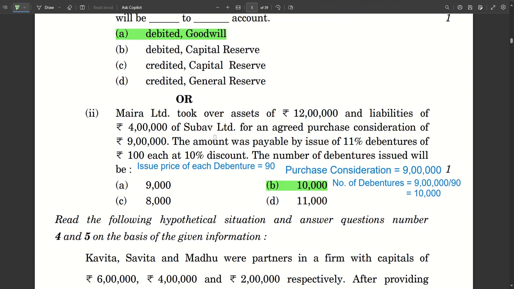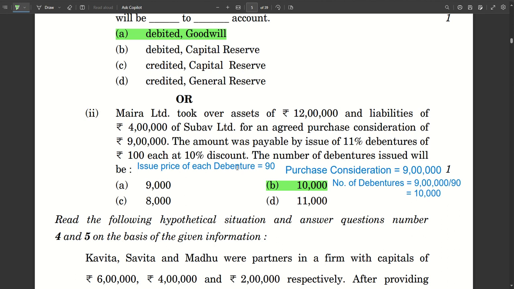Okay, next one, Maria Limited took over assets of 12 lakhs and liabilities of 4 lakh of Shubh Limited for an agreed purchase consideration of 9 lakh rupees. So the purchase consideration is given here. The amount payable is by issue of 11% debentures of 100 each at 10% discount.